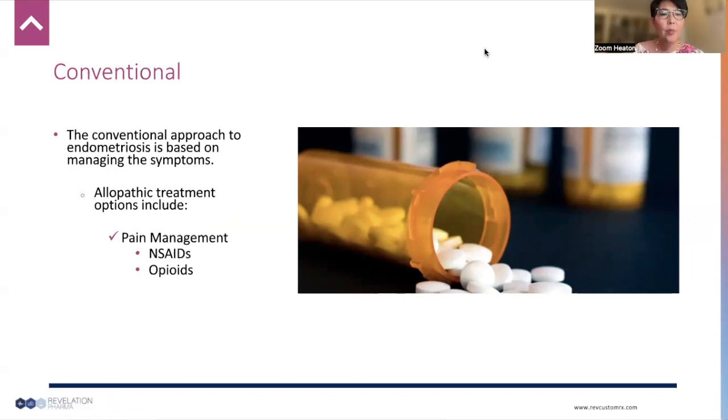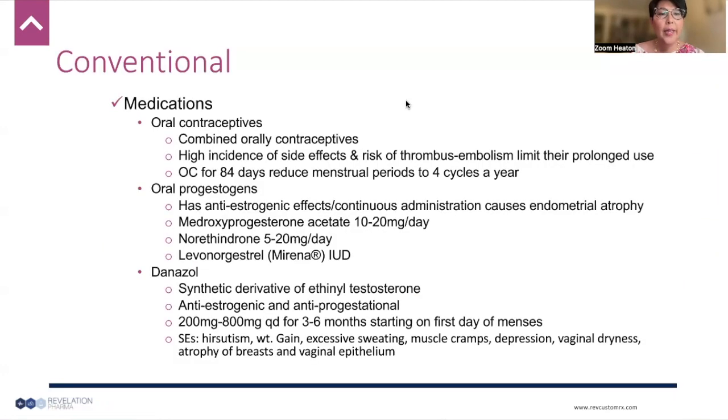So, the conventional approach to endometriosis is usually based on managing the symptoms. And allopathic treatment options generally include, for pain management, your nonsteroidal anti-inflammatories for mild pelvic pain, and for more severe pain, opioids are often used. Other medications that are used conventionally, the conventional approach is to shut down the hormone system.